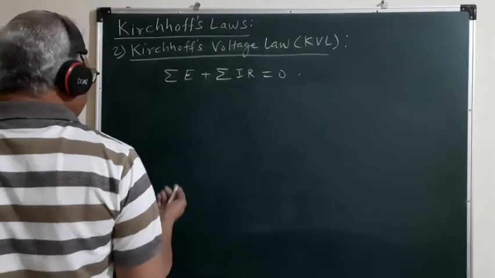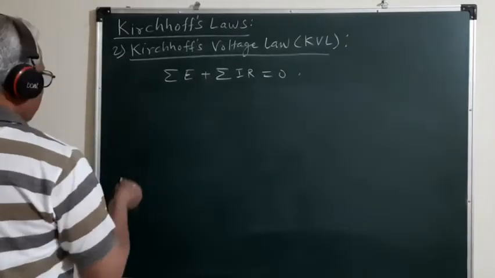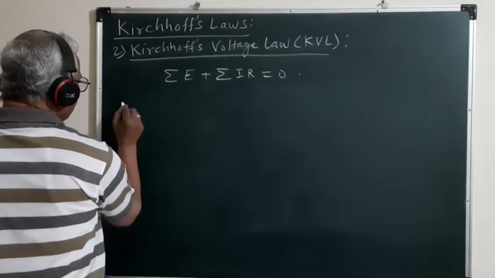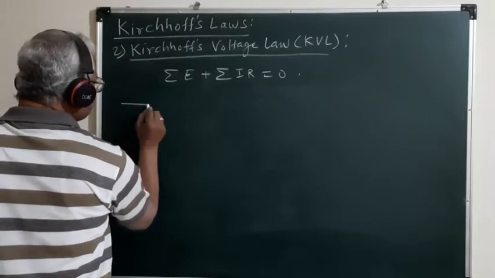we have to make a certain sign convention. Now, before we see what this sign convention is, let us consider we have a closed loop like this.